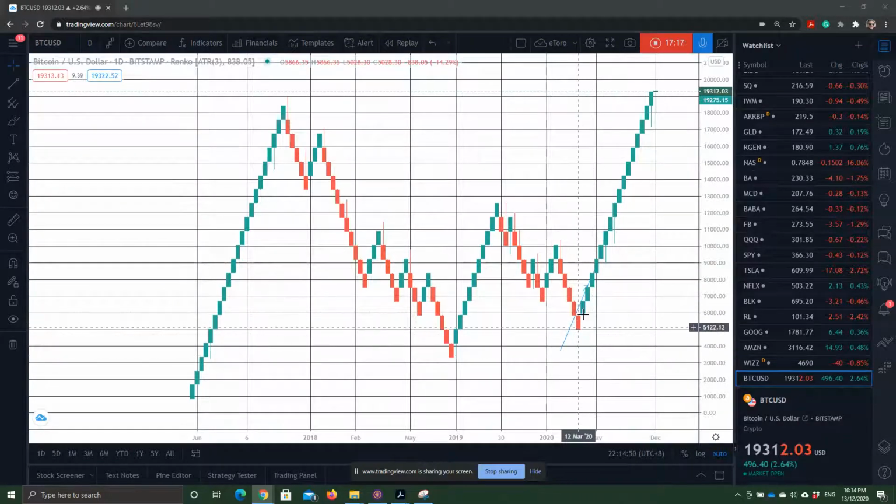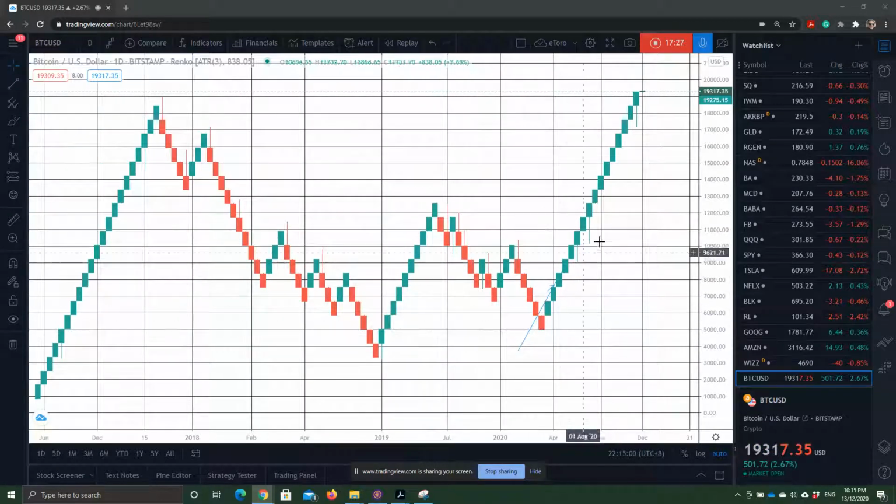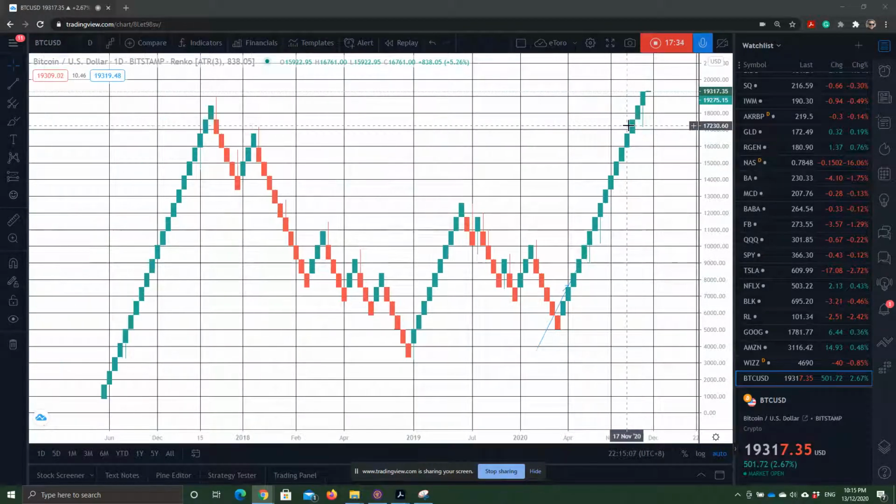So from March to December, we can see one uptrend, which is amazing. If you look at the other types of charts, you see ups and downs, but in the Renko, you see just one uptrend very nicely. So this is very good, no noise.